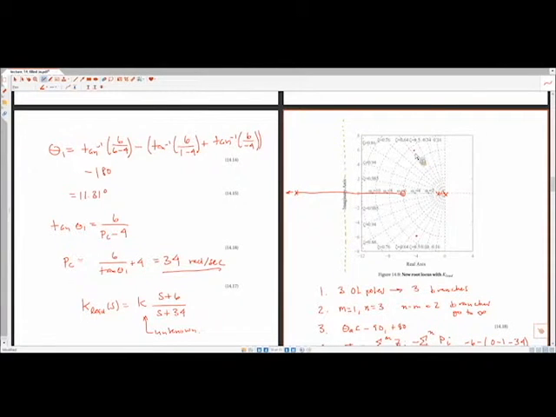The most common way in which you'll see this is, I'll erase this in a second, but say as a thought experiment I had a pole, say here, in my plant, and I don't want to worry about the dynamics. Since the rule of thumb is to place a zero around the natural frequency, if I want to simplify the system, I would just place it right on top of it, and it would make things a lot easier for me.